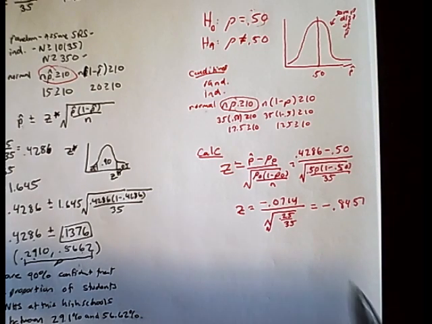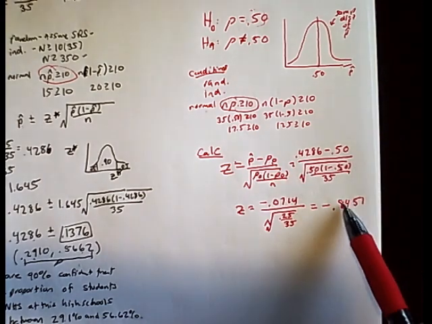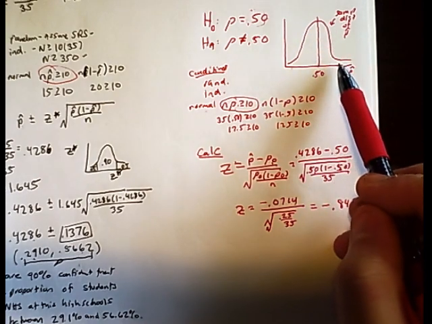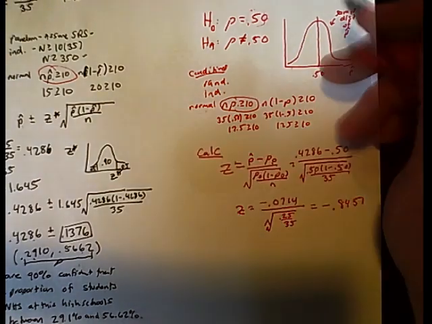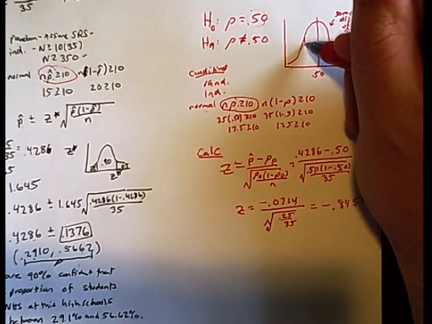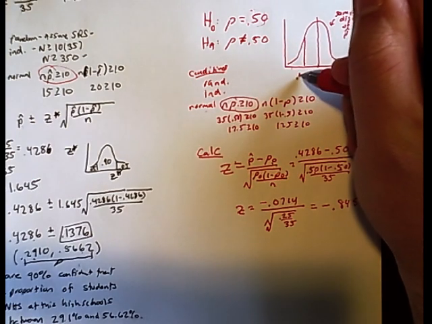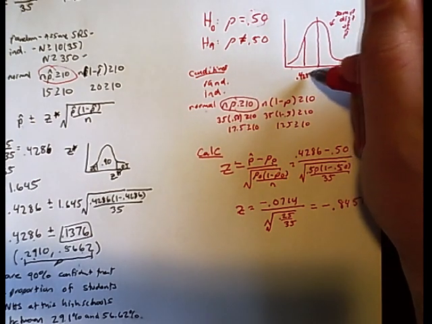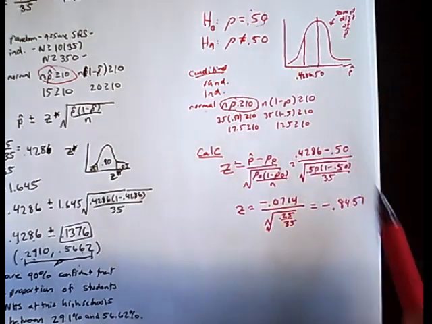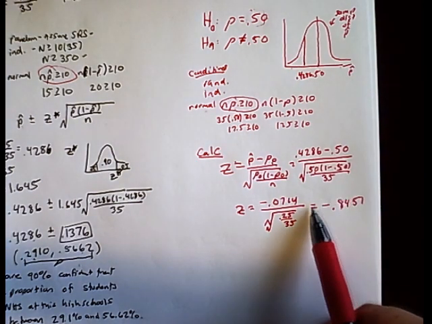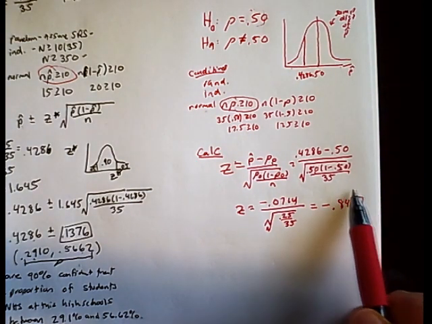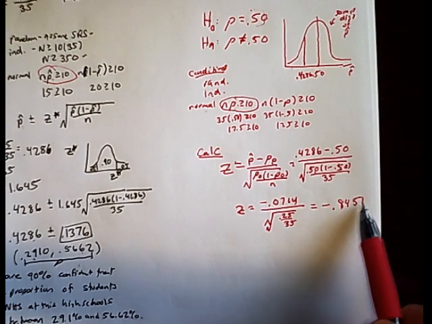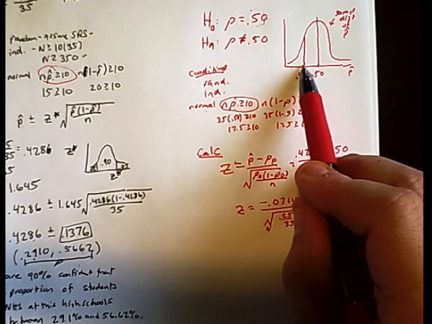So our p-hat, on the sampling distribution curve, our sample value of 0.4286 would almost fall one standard deviation below the center. This is almost -1, so it would fall right there.